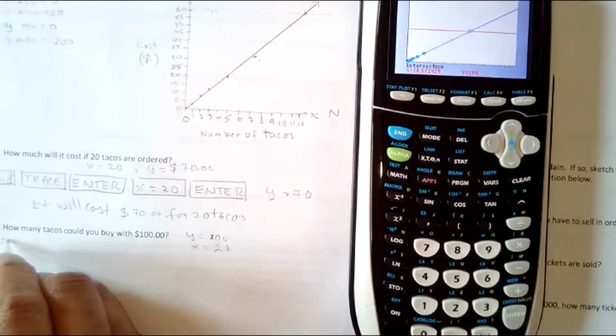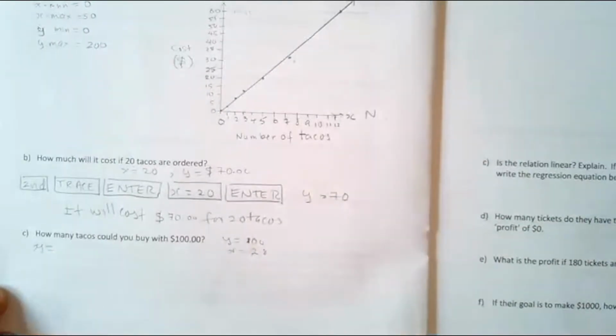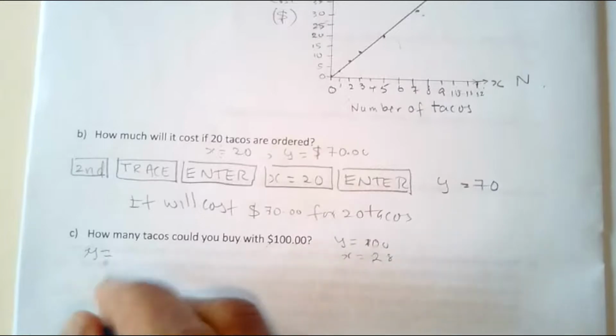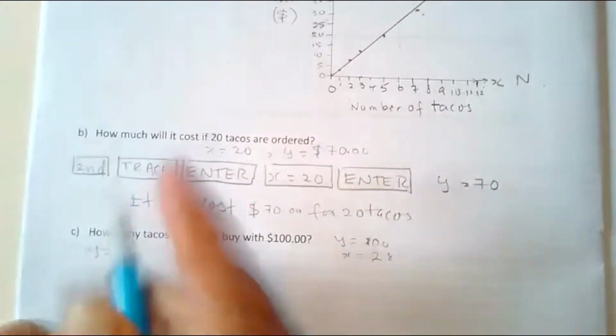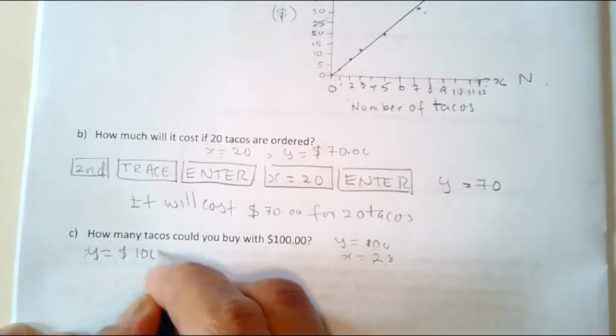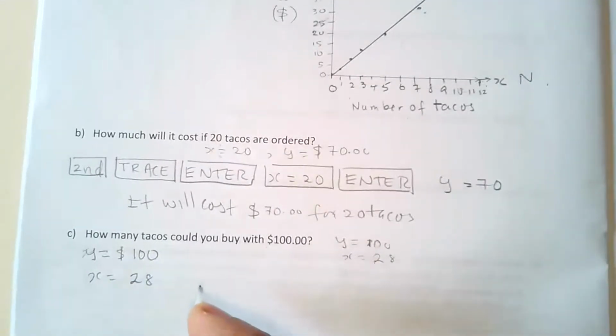So when y is equal to $100, the number of tacos is 28.